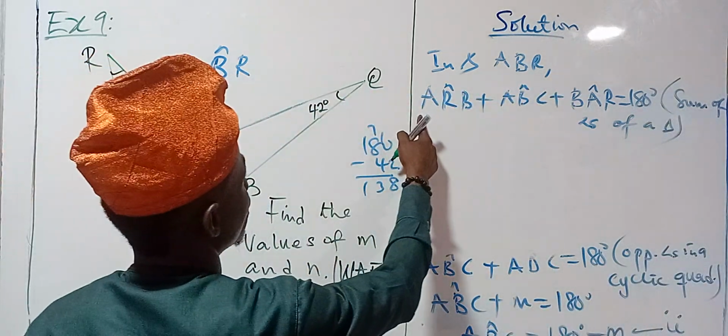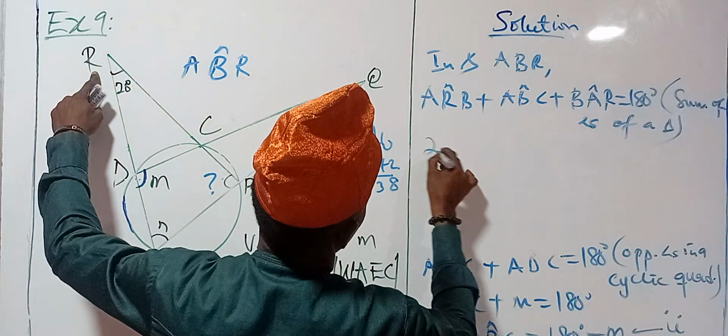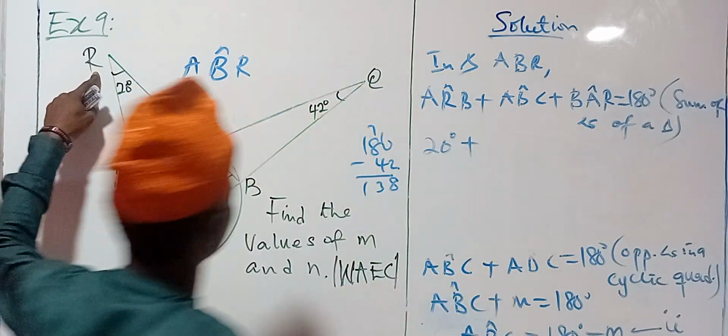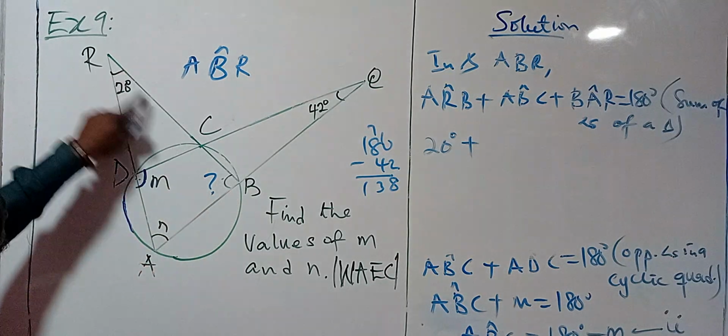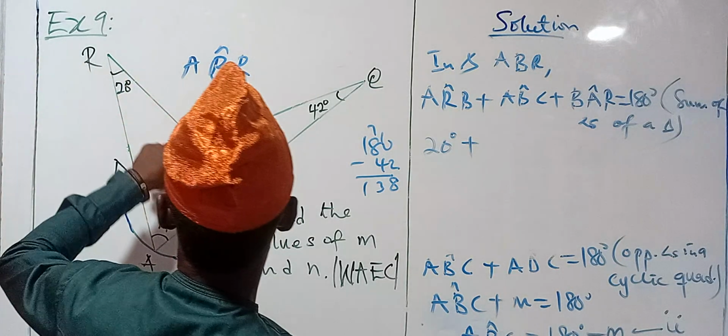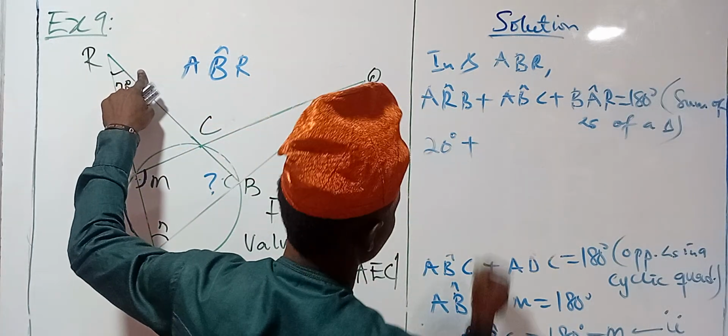Now, what is angle ARB? This is 20 degrees, plus angle ABR, which is what we are looking for.